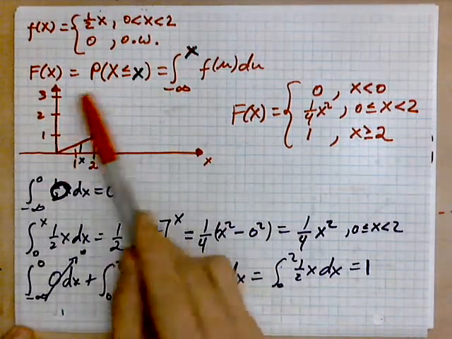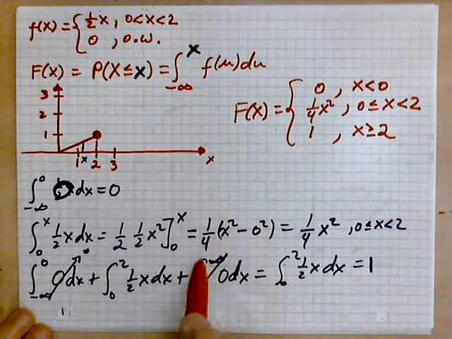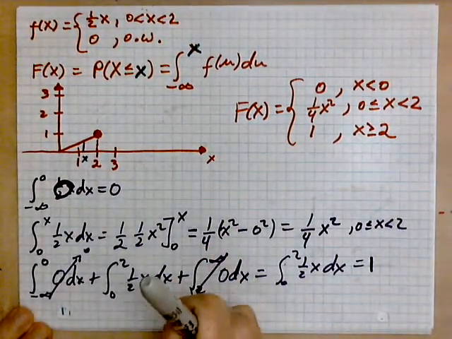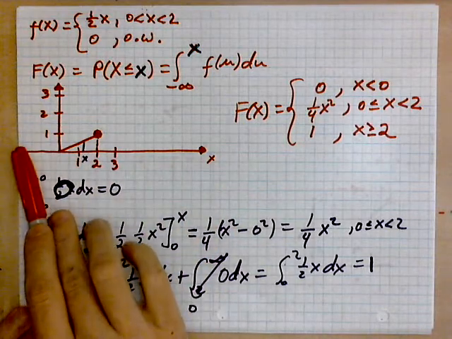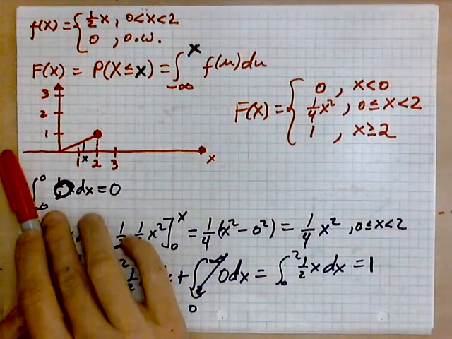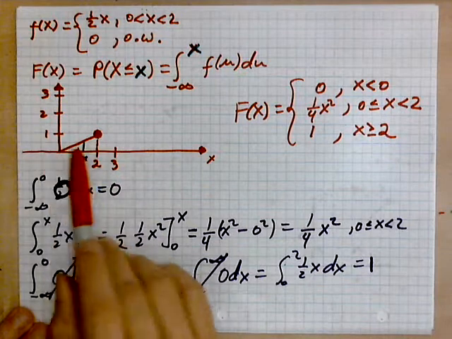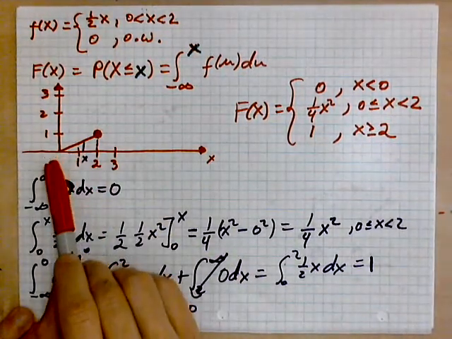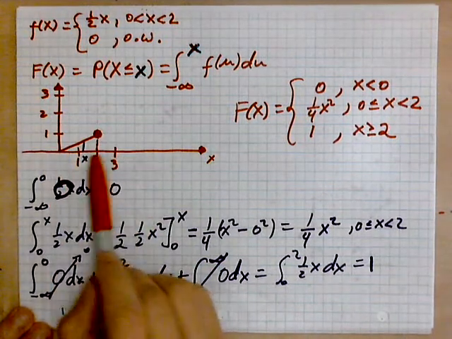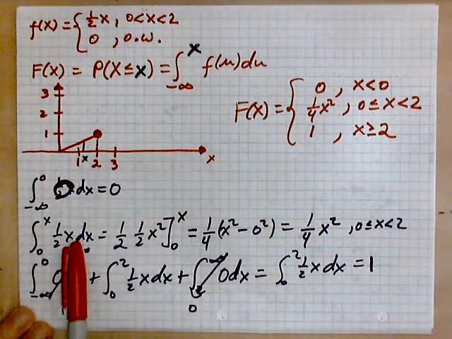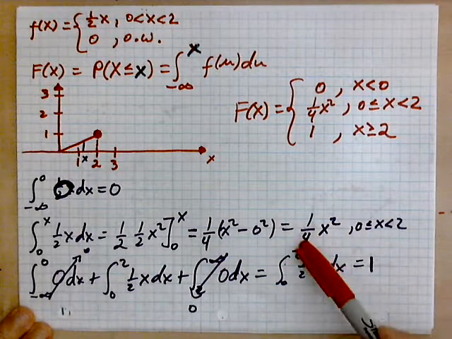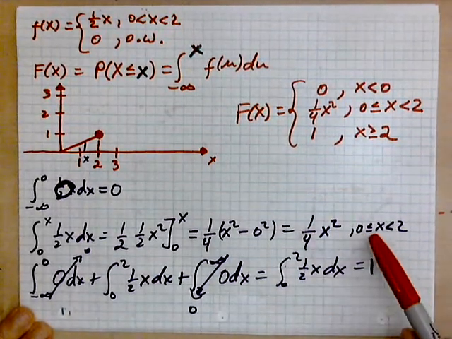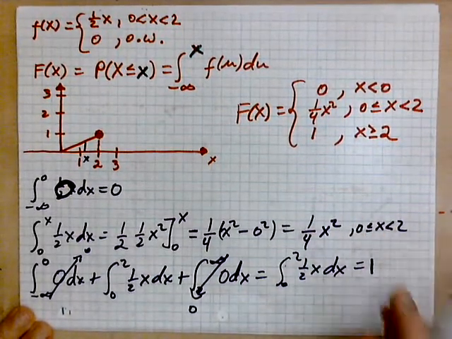Here's a picture of the PDF. So first we integrate between negative infinity and 0, we get nothing. Then we integrate between 0 and some value of x that lies within the interval 0, 2, such as this value of x here. So from that we get 1/4 of x squared, and this applies between 0 and 2 as shown here.